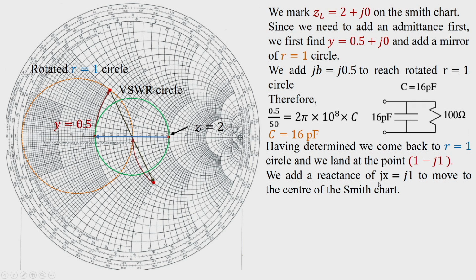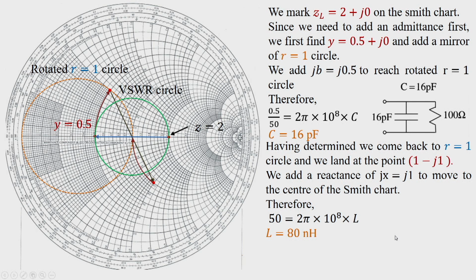Now, this x is the normalized value which is 1. So, 50 into 1 we equate with 2 pi f, which is 10 to the power 8, times L, and then solve for L, and we get the value of L to be equal to 80 nanohenry.